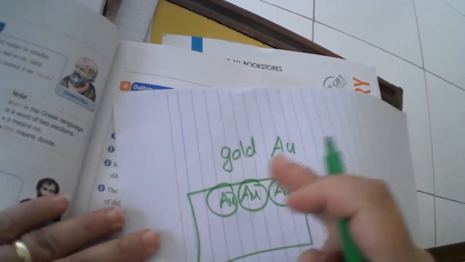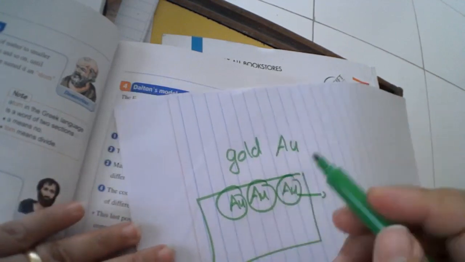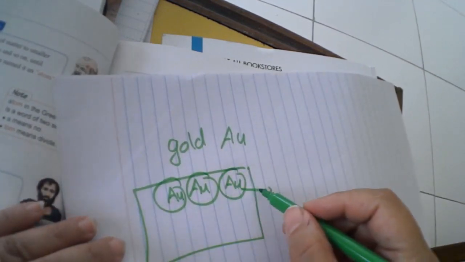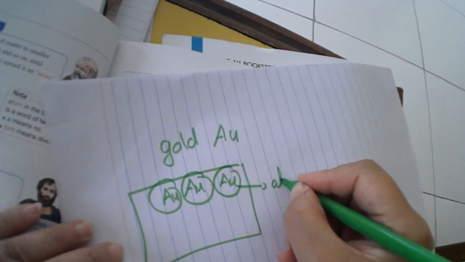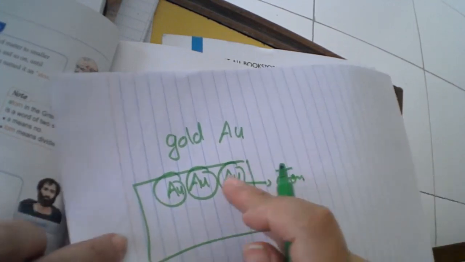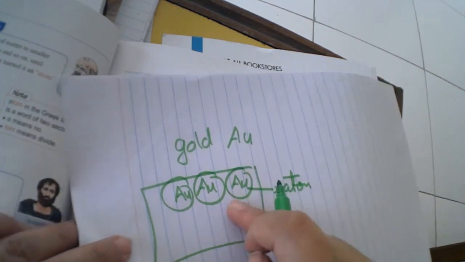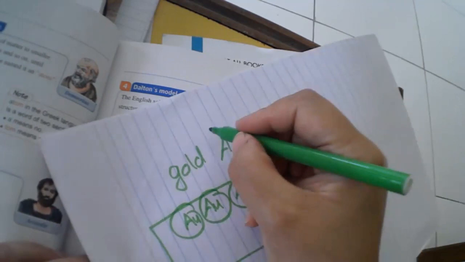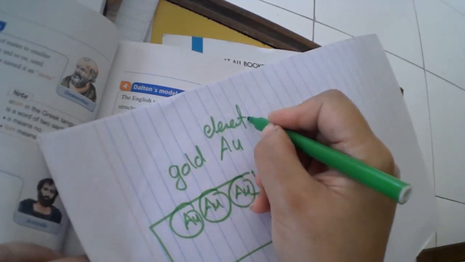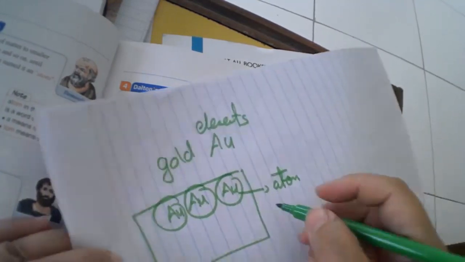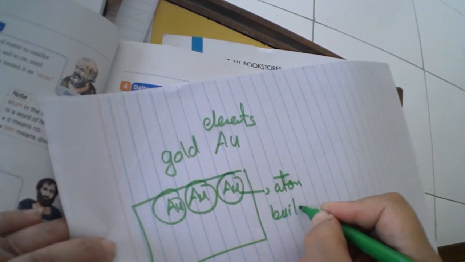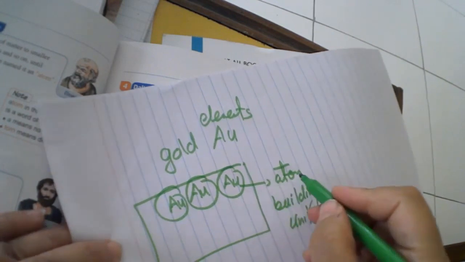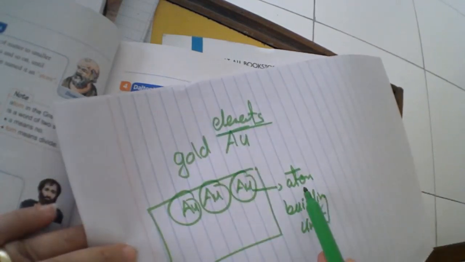This represents the element gold and the matter gold. The smallest particle, or the smallest part of the element, is called an atom. So it's the building unit of the element gold. It's the smallest building unit of the element gold: the atom.